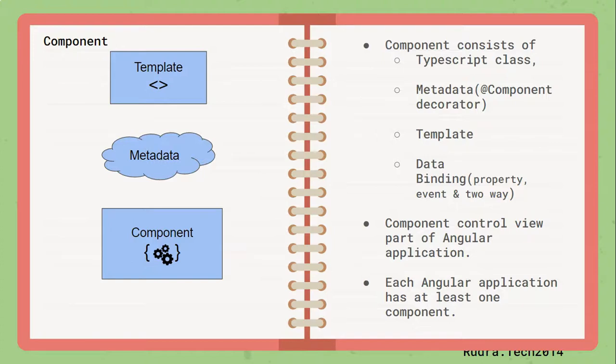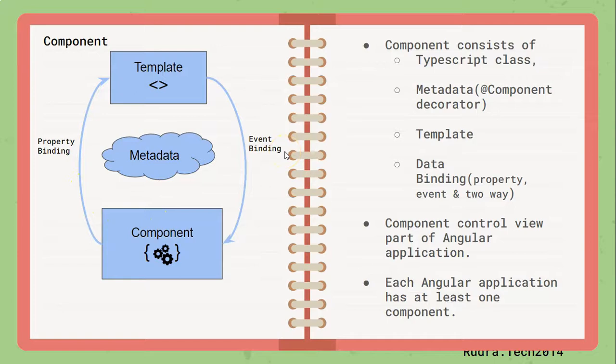Then there is data binding. Well, data binding is a way to flow the data between the template and the component. And there are several types of data binding like property binding, one-way binding, two-way binding, interpolation, and event binding.